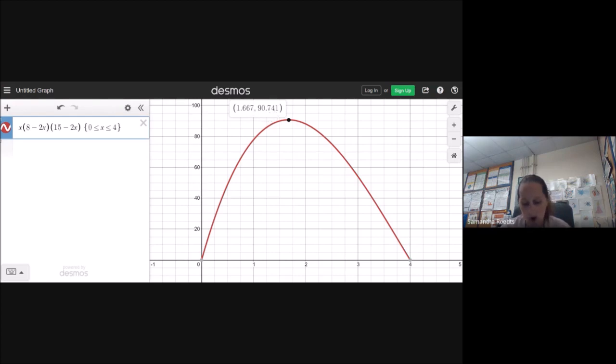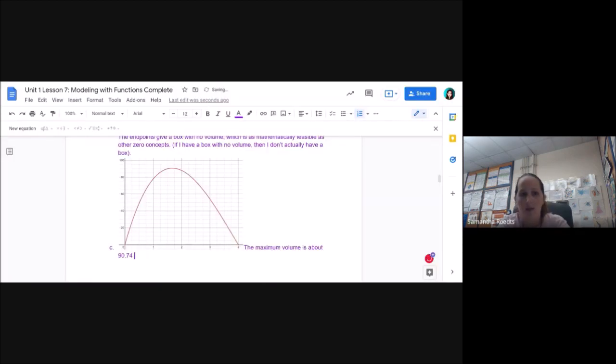So the maximum volume is about 90.74. That's cubic inches, because that's what I'm measuring in. Okay, so I'm still measuring in volume.